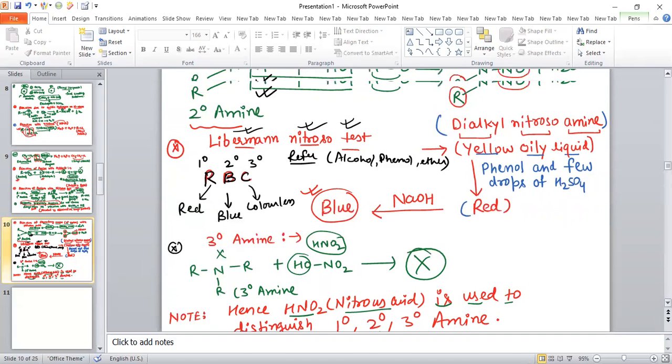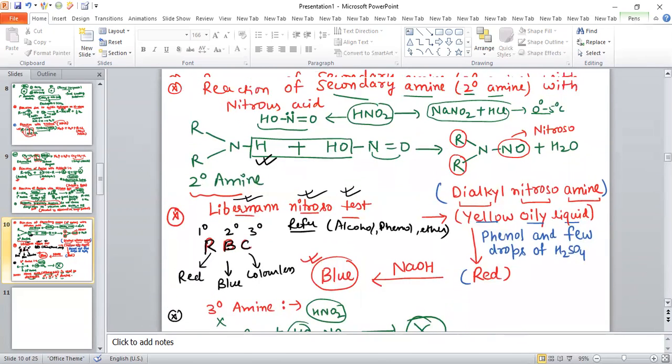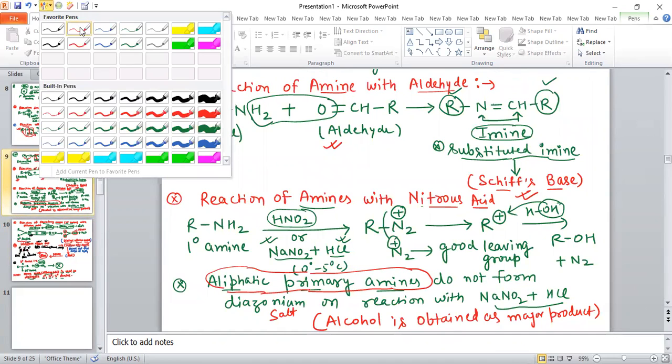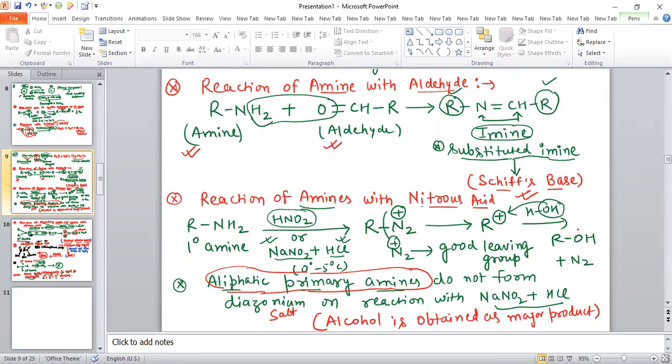In this way you can see the reaction. This is the reaction with 1-degree amine. In 1-degree amine, alcohol is obtained as a major product.